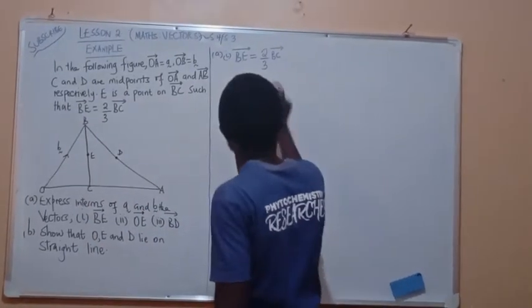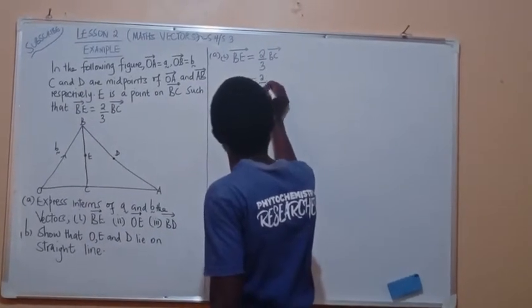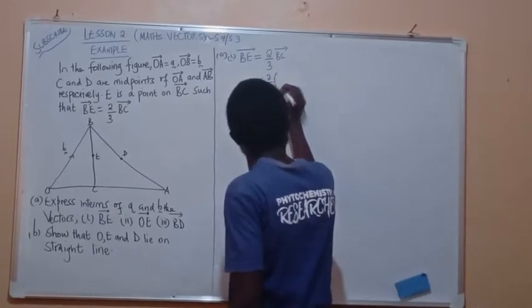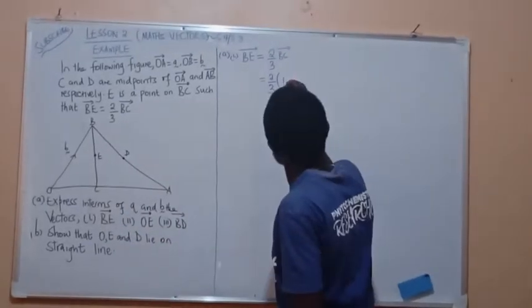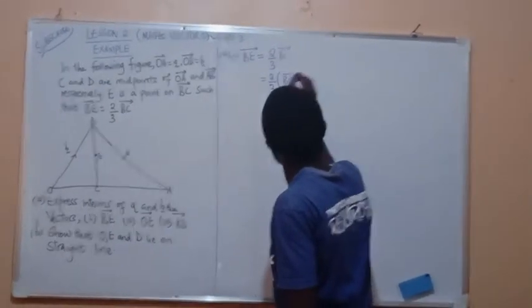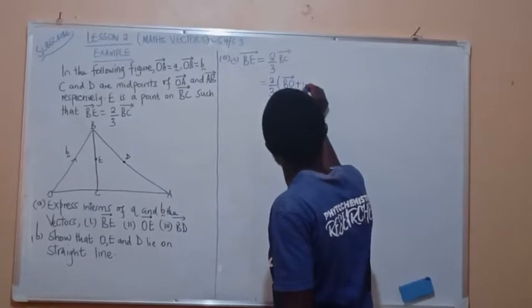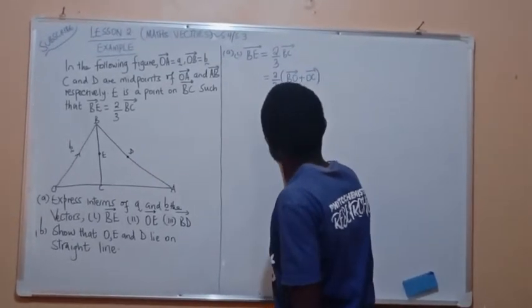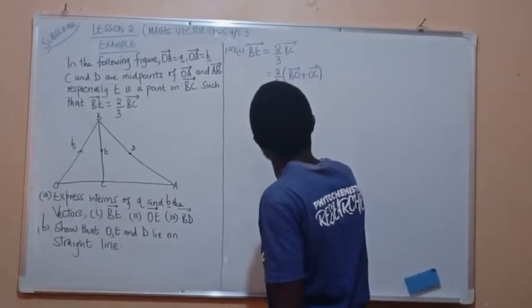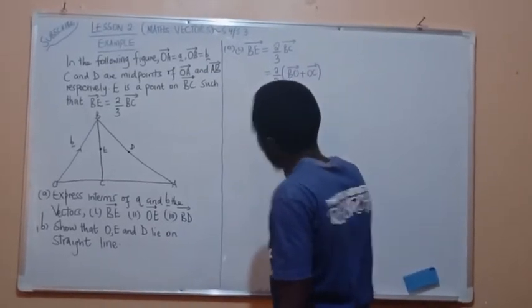Thank you so much. So it will be 2 out of 3 of BC, but BC is BO plus OC. Very good. So this is the same as 2 out of 3 of BO plus OC.